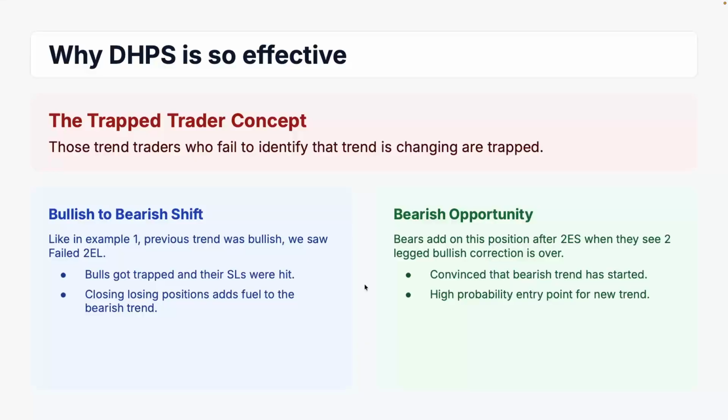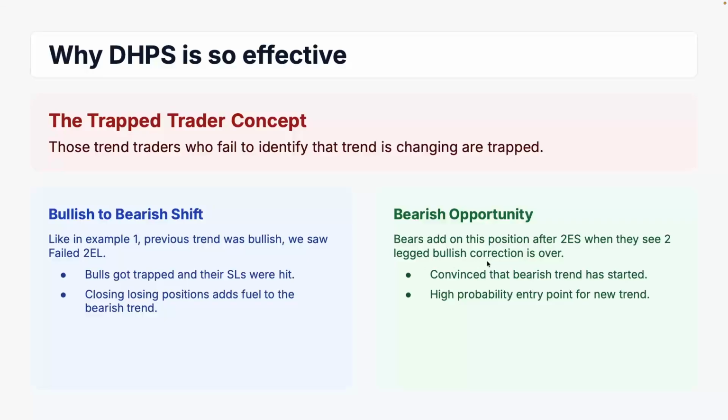Okay. If there is a bullish to bearish shift, like in example 1, the previous trend was bullish, we saw failed second entry long. Bulls got trapped and their stop losses were hit. Closing losing positions adds fuel to the bearish trend. Okay. And when there is a bearish opportunity, bears add to their position after second entry short.